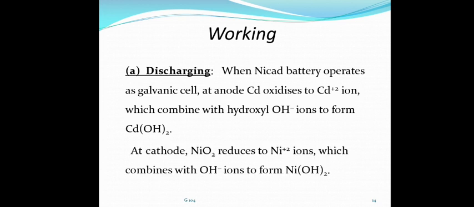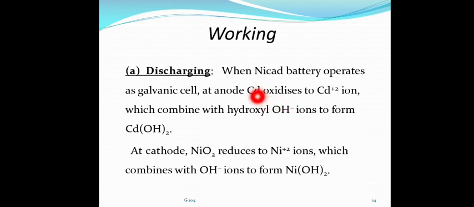So here at cathode, NiO2 is there, nickel dioxide. NiO2 means O is minus 2, minus 2, minus 4. Therefore, Ni is +4. So it reduces to +2 by taking 2 electrons given by cadmium, which combines with the OH- ions. So what you are able to see here?